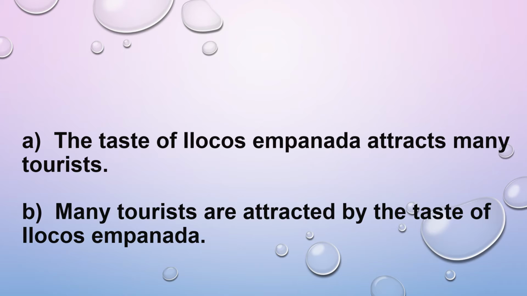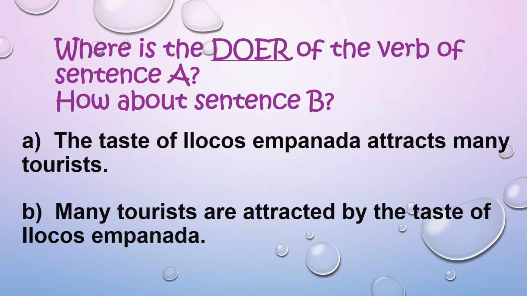Okay, now let's try to compare the action words in this sentence. Since we already know that the verbs or actions in this sentence are attracts and are attracted, now let's try to identify the doer of the action.